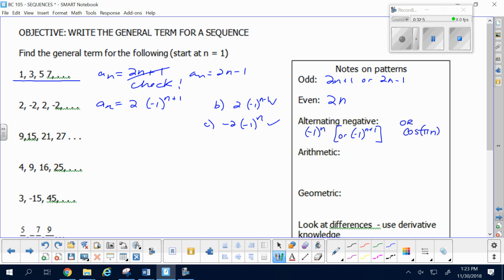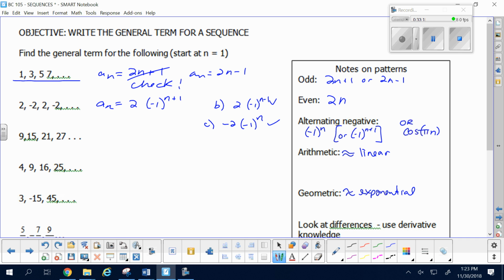So, consider this analogy. Arithmetic is to linear as geometric is to exponential, okay? These are sequence terms, but they have brothers in function ideas.